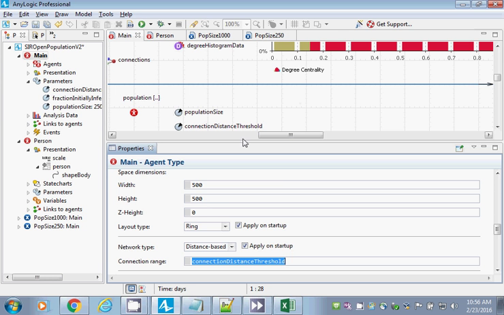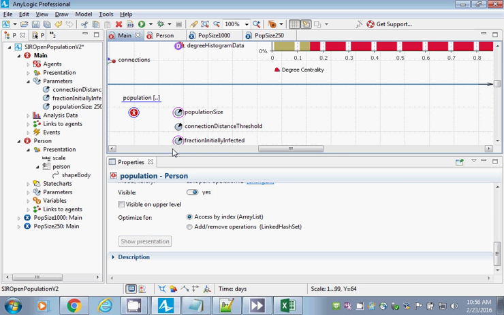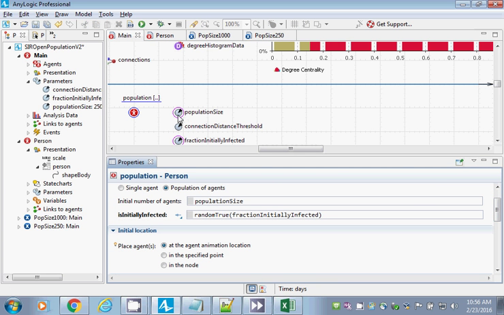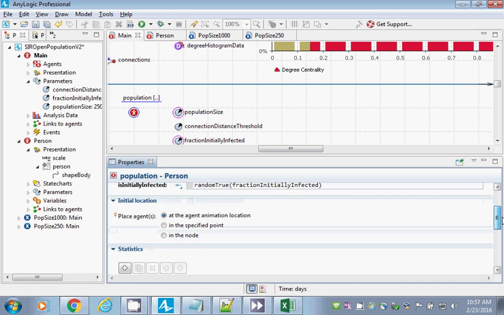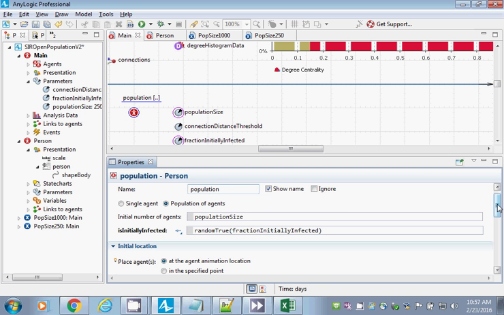And then it's got to go through and create each of those people in the population in turn. So it says, okay, I've got 250 people in this particular case to create. My population size is 250. For each of those people in that population size, I've got to create a person. Where are they going to live? Well, that's based on the layout within main.